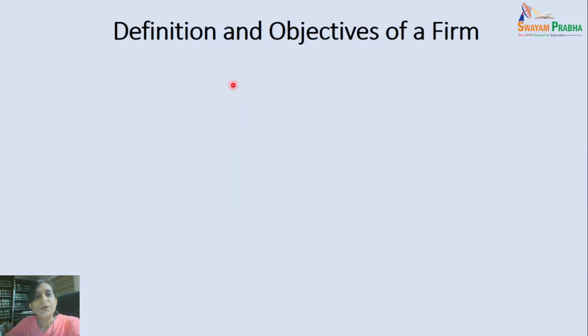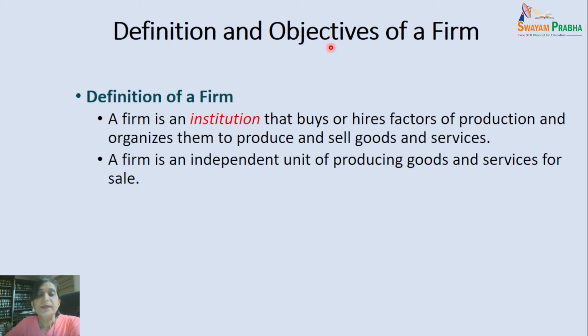As I told you, the first thing that we will be discussing today is what is exactly a firm and what objectives does a firm keep in mind. Let us understand what is a firm. We say a firm is an institution that buys or hires various factors of production and organizes them to produce and sell goods and services.